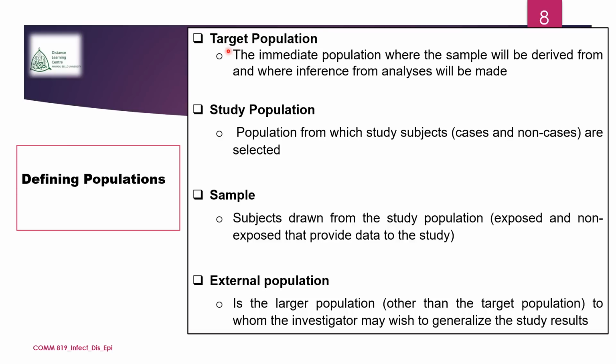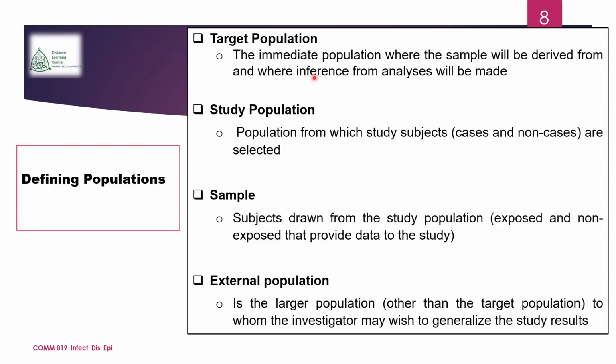Maybe the people that have developed that disease. So maybe your target population will be just individuals between 1 to 5 years. Maybe for instance malaria usually is more prevalent in children within the age of 1 to 5. So they now become your target population.